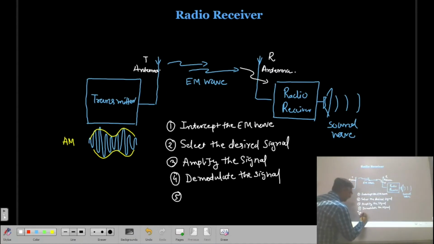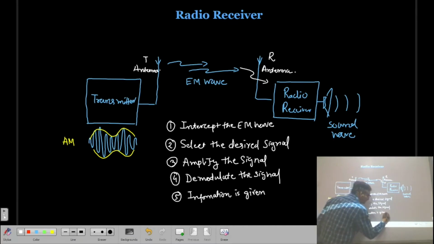So this information is given to the loudspeaker to produce the sound wave.